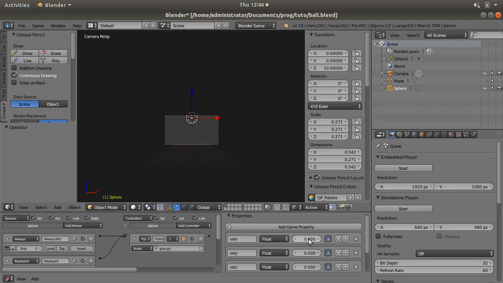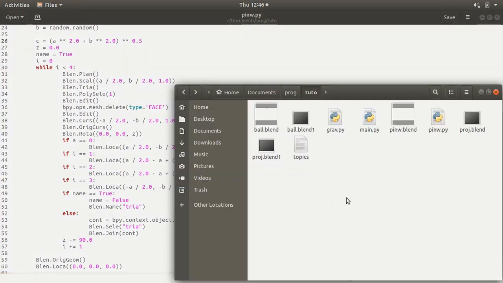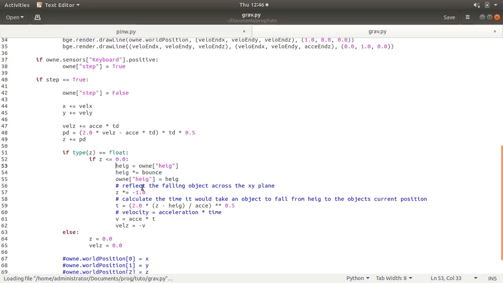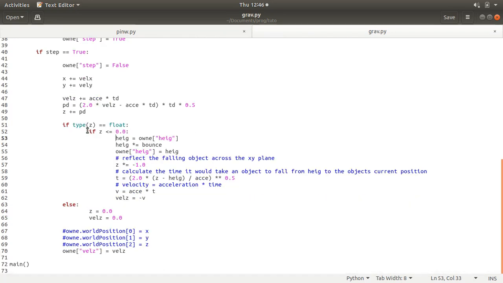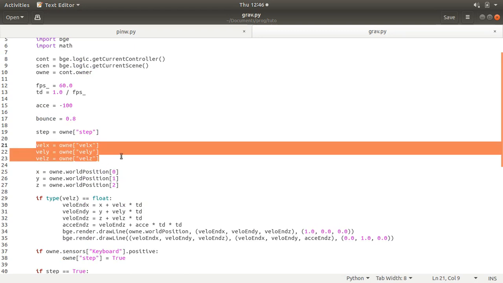So I'll show what this gravity script looks like. It's pretty simple. The collision is fixed. It's not based on collision with a real object. It just checks if the ball falls under 0. I'm reading my velocity.